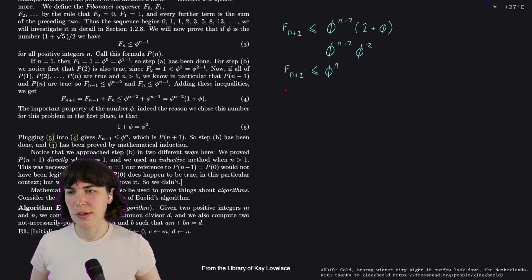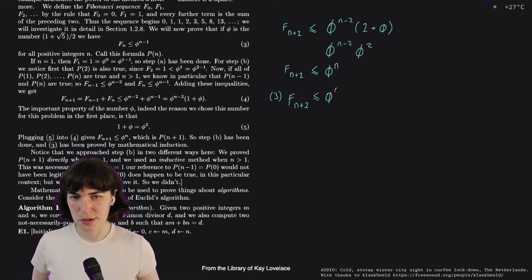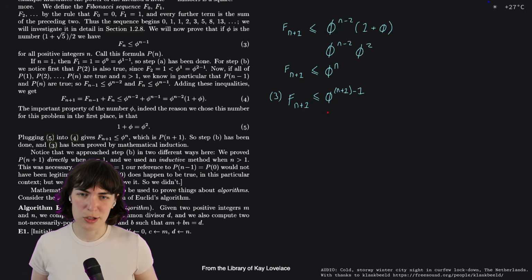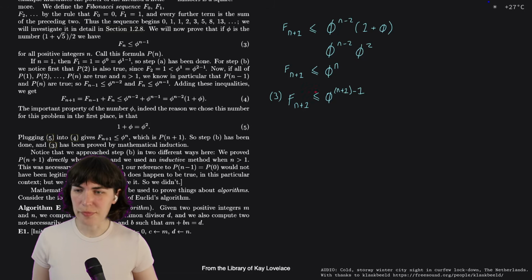Yes, it is, because if we were to plug this into 3, if we were to look at 3, for example, then we've got Fn plus 1, we've then got phi, and then we've got n plus 1 minus 1, which is going to be, of course, n, which is this. Okay, great.